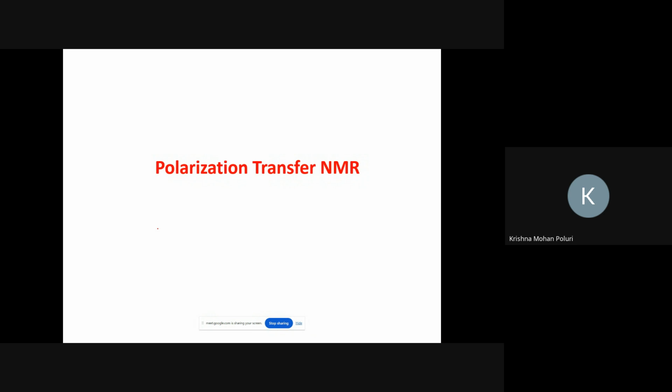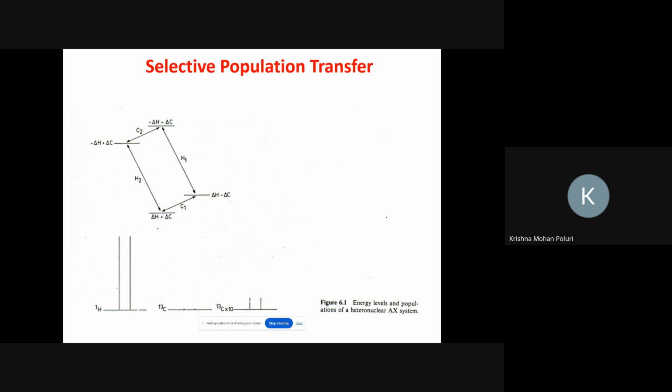Before going to the examples, just another 2-3 minutes so that you have a little concept. One more thing we generally do: if you remember, I told you hydrogen is very sensitive, carbon is about 1/4 as sensitive, and nitrogen is 1/10 as sensitive. So if you take a hydrogen spectrum, you will see a very sensitive signal.